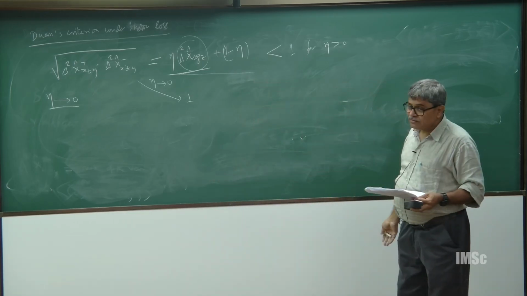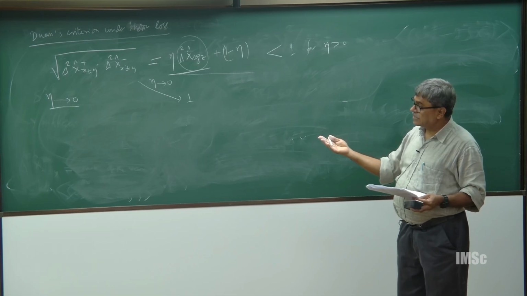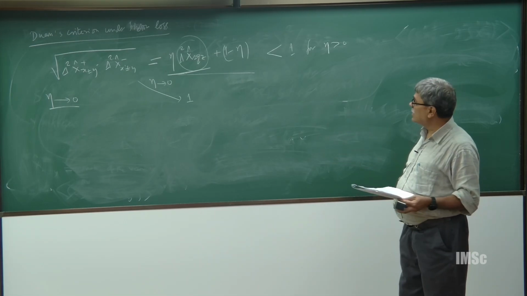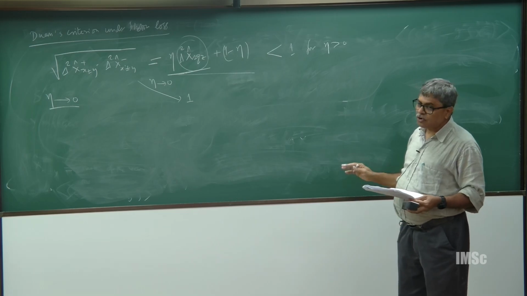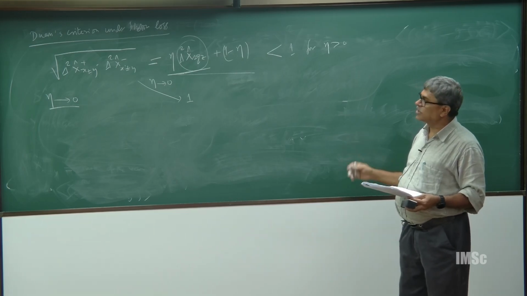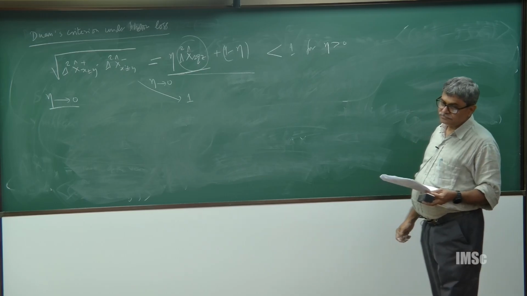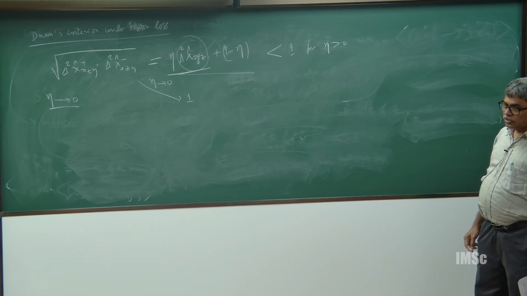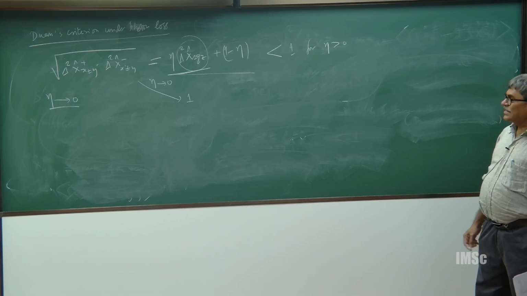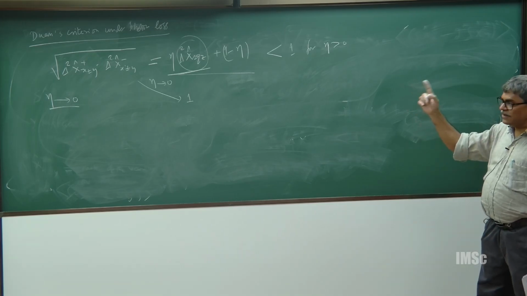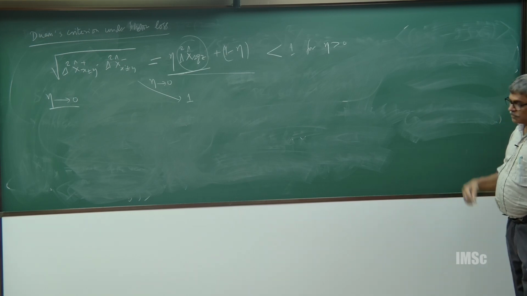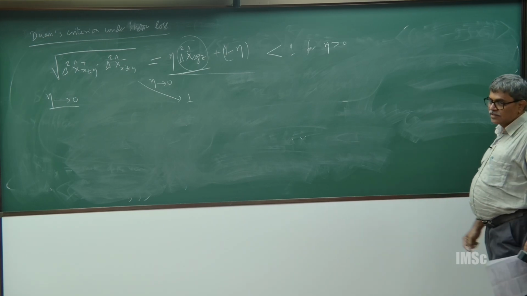So, it does not matter what your detection efficiency of the detectors is in this particular lossy model, Duan's criteria always detects entanglement in a two mode Gaussian state. Is that clear? But Reid's EPR criteria does not detect entanglement below 50% efficiency.